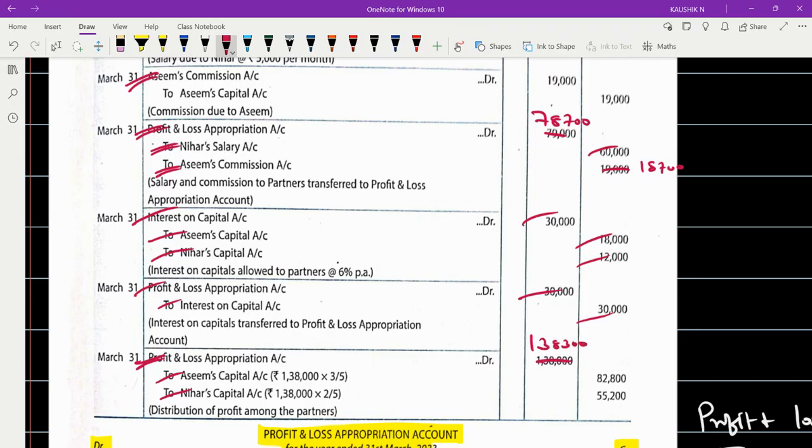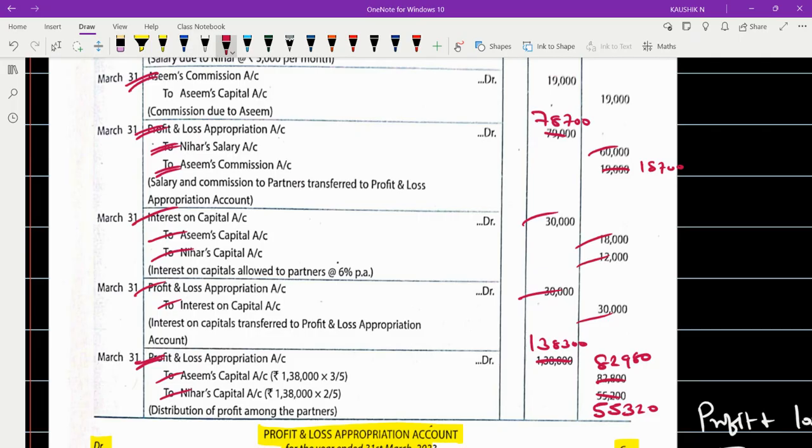So according to this, if you are distributing it, one partner will get 82,980 and the other partner will get 55,320. Clear? Is it clear?